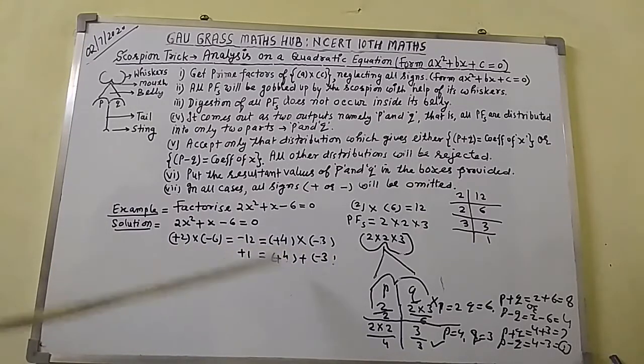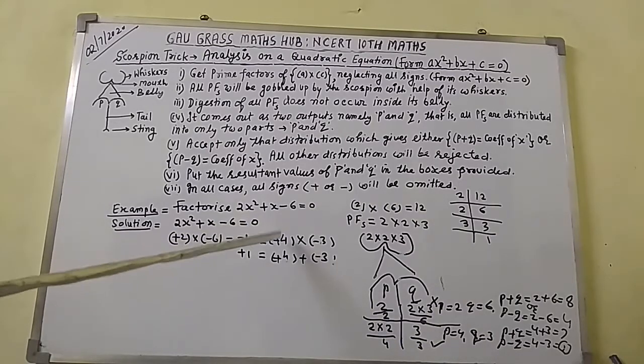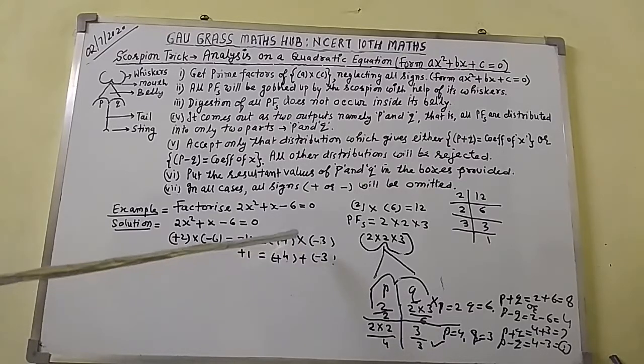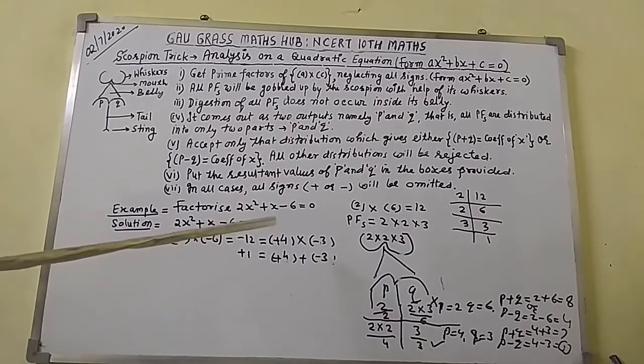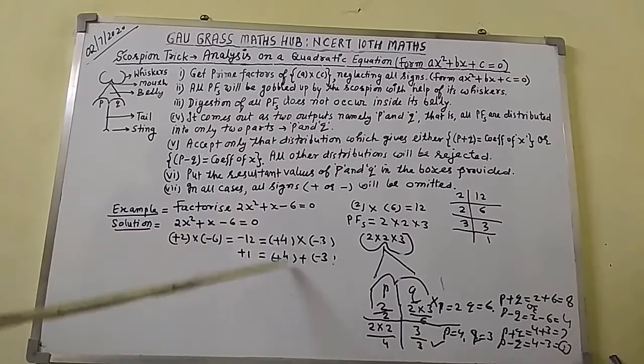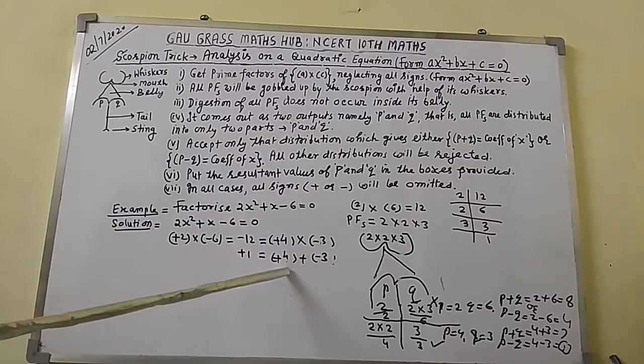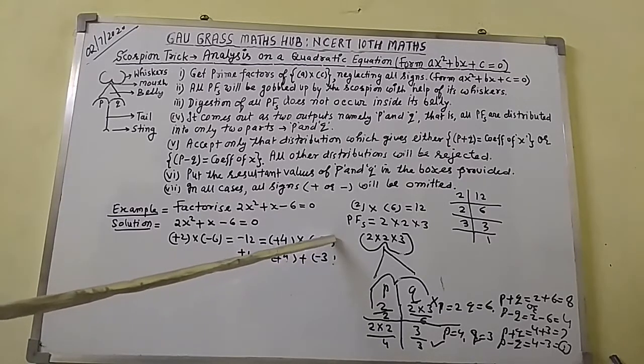You can see here, I have got P equal to 4, Q equal to 3. I have put 4 and 3. 4 boxes made here. The condition is that in the first vertical column, here I have put plus 4, here plus 4 will come. Here I have put minus 3.